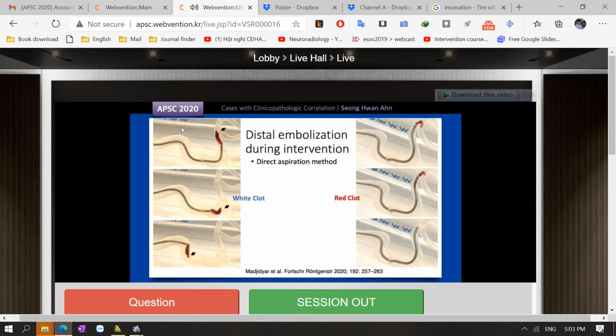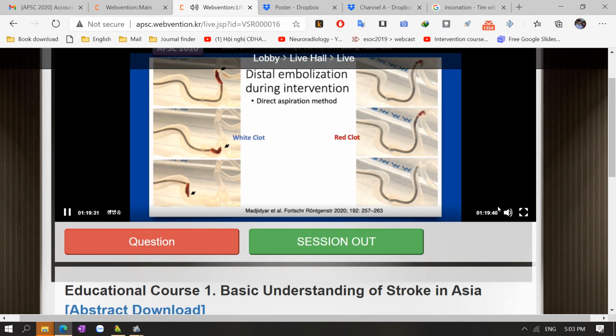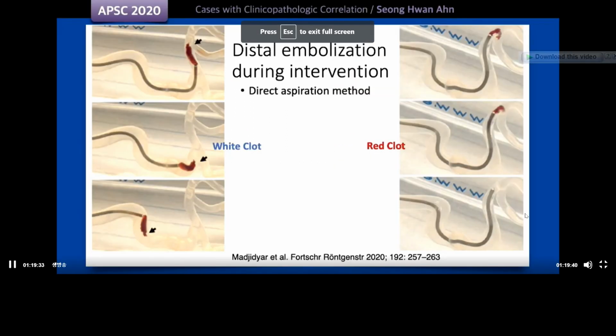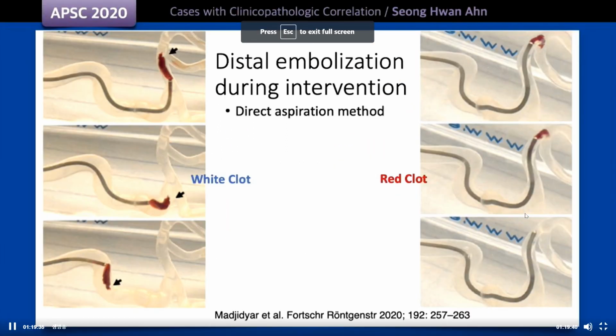during aspiration thrombectomy. In the white clot, the 5 French aspiration catheter is not capable of aspirating the whole clot. The major part of the thrombus is unprotected and possibly can cause distal embolization. In the red clot, the red thrombus is aspirated directly at the occlusion site.